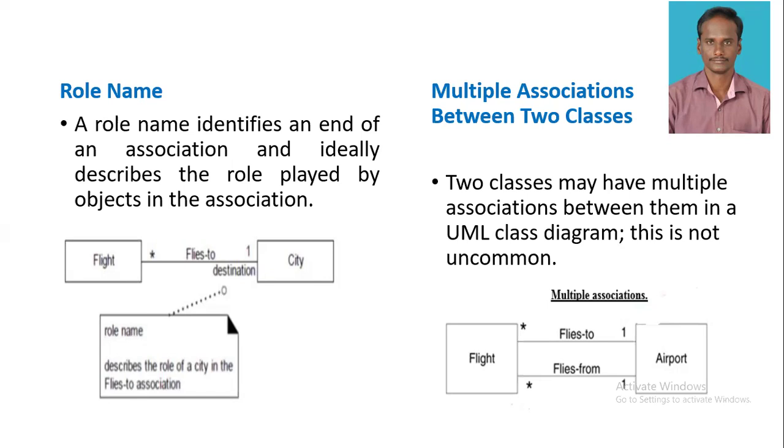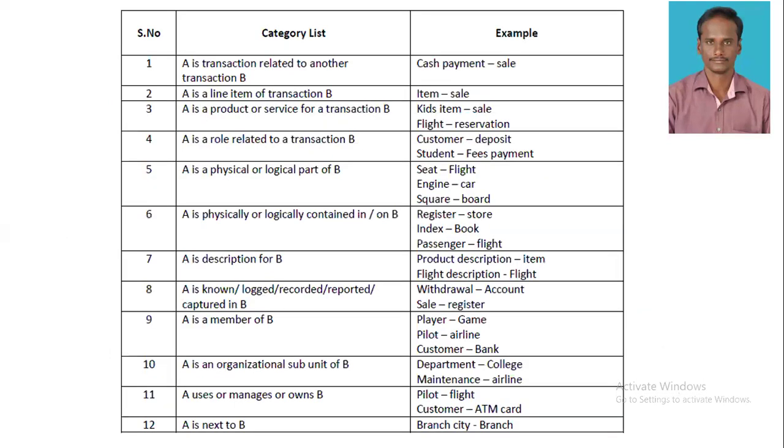The first association is Flies-to: many flights fly to one airport. And from one airport, sorry, many flights fly from one airport. These are the multiple associations. It means that simply we have two classes and we have more than one association. That is multiple associations between two classes.